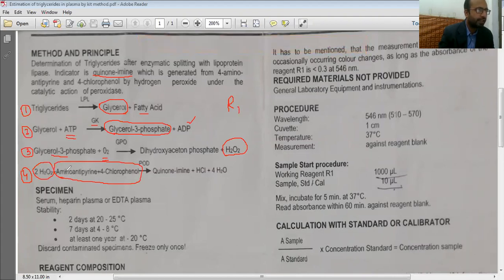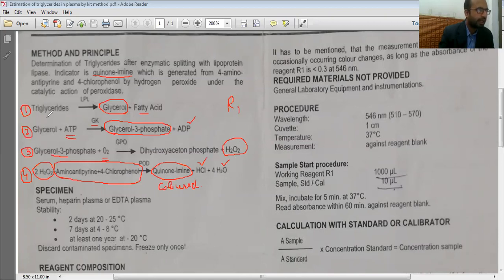If we have a high concentration of hydrogen peroxide, it would use more amino antipyrine and 4-chlorophenol, and it would make more quinoneamine. So there will be the formation of quinoneamine, and it will be a colored compound. HCl and water are the byproducts.